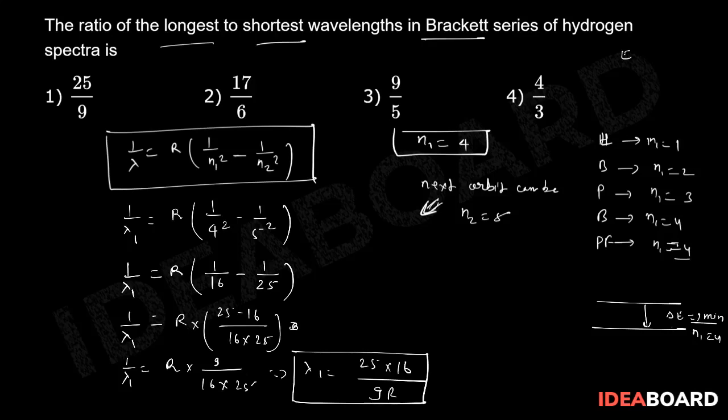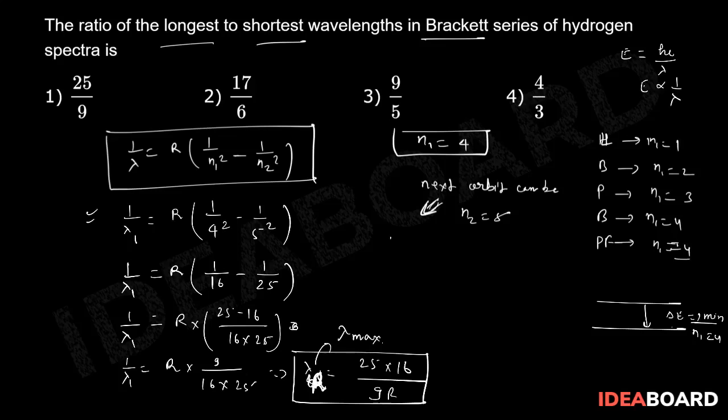Because you know that E is equal to hc by lambda, so E is proportional to 1 upon lambda. So if E is minimum, this will be the longest wavelength. Let me correct myself, it is the maximum wavelength, because energy was minimum. So this lambda 1 will be lambda maximum. I hope you got it.